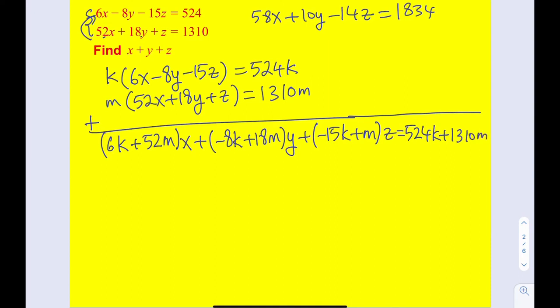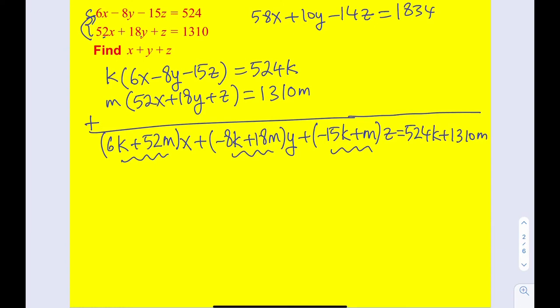Okay, so what am I looking for here? Well, I want a multiple of x plus y plus z. In other words, I want the coefficients of x, y, z to be all equal to each other, okay? Because if I get something like, let's say, 8x plus 8y plus 8z, I can take out the 8 and I can get the x plus y plus z from there.